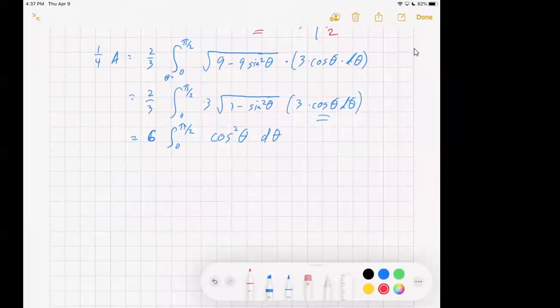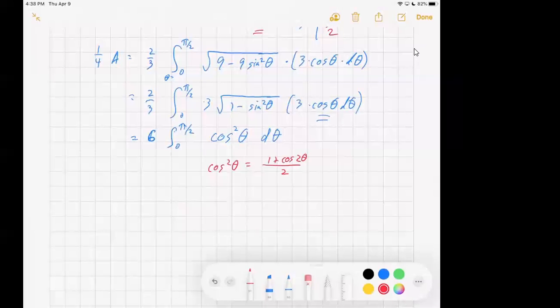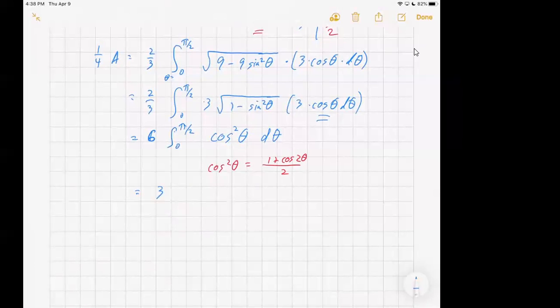If you recall, cosine squared of theta can be rewritten as 1 plus the cosine of 2 theta over 2. So if we bring the factor of 1/2 out, we have 3 times the integral from 0 to pi over 2 of 1 plus cosine of 2 theta, the half having been brought to the outside, d theta.